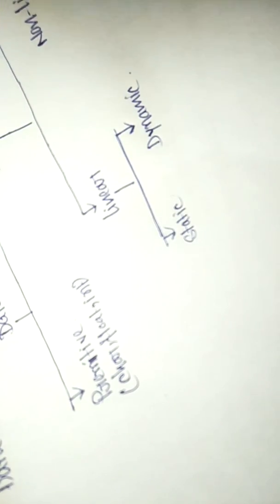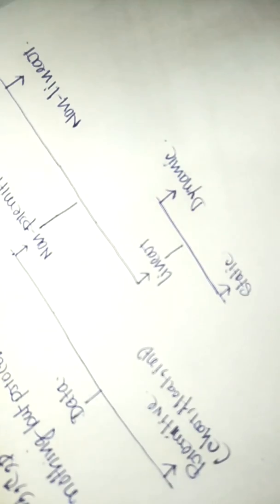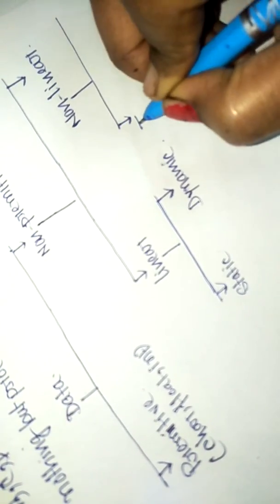And non-linear data is tree and graph. Static data is again classified into array, and dynamic is classified into linked list.